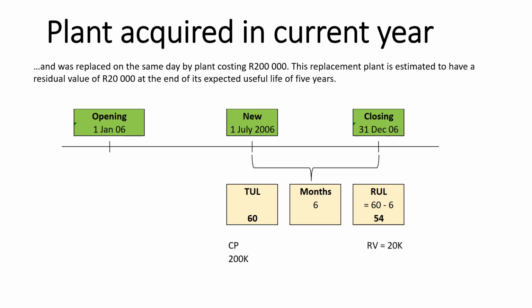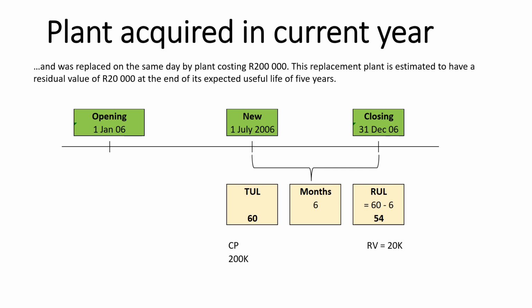Now the last leg of the question deals with plant that you acquired in the current year. We've dealt with the existing plant, we've dealt with the plant that you've sold, and the third leg is the plant that you have acquired in the current year. The question tells you it was replaced on the same day by a plant costing 200,000 rands.